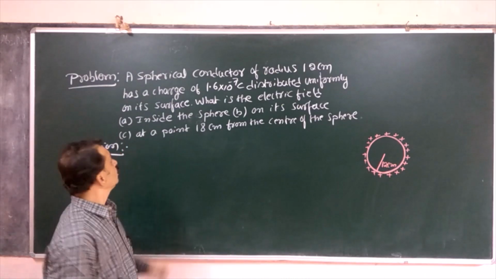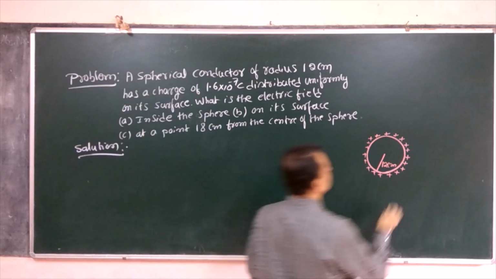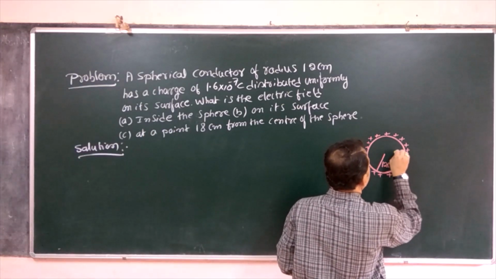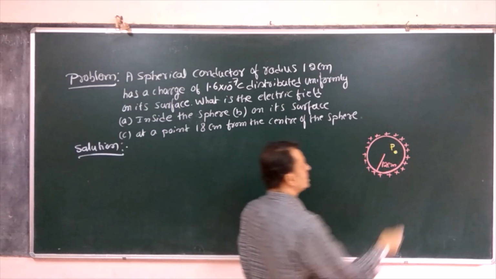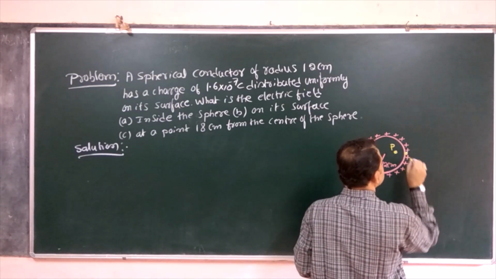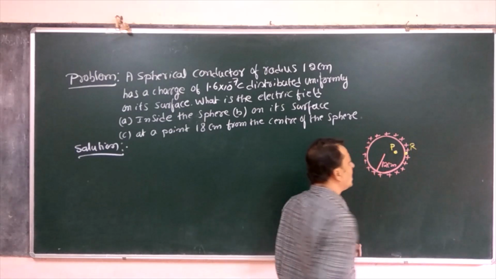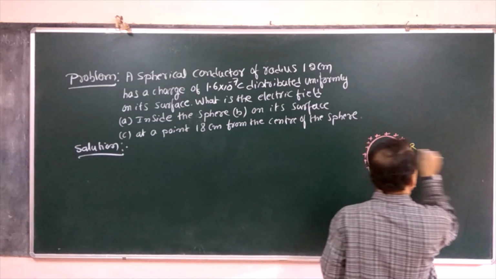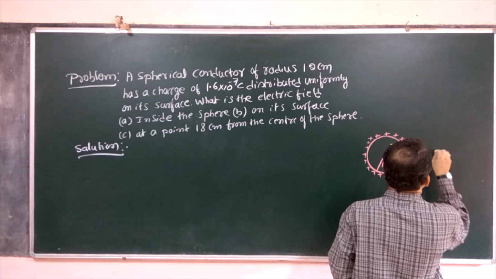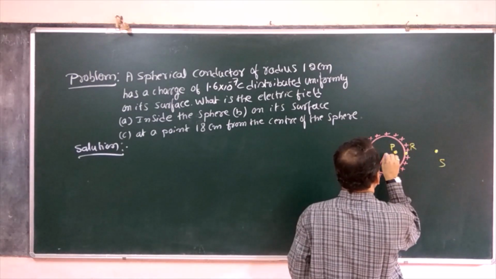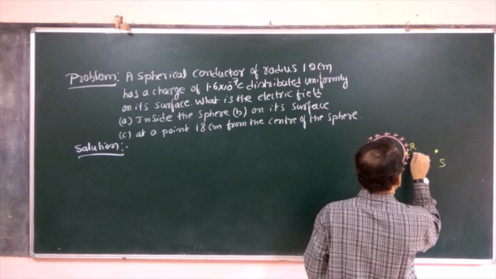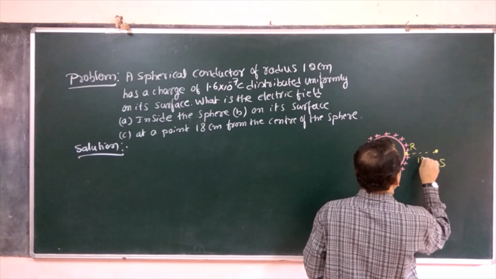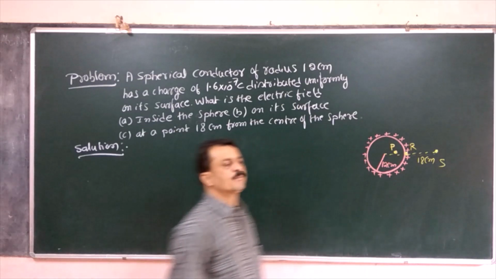Now I have to work out what is the electric field inside at point P, and second one is on its surface R, and the third point is at a distance from the center, this is 18 centimeter. ಮೂರು ಕೇಸ್ ಇದೆ.